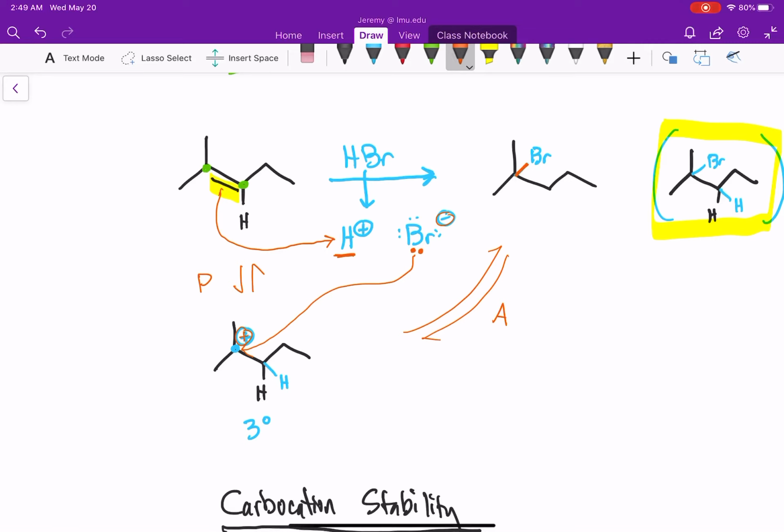So the mechanism is really easy. We are going to protonate, show this arrow here, draw our intermediate, and then the lone pair and the bromine will attack to form our final product. So that is the mechanism of this reaction. All right, pretty straightforward, pretty simple.